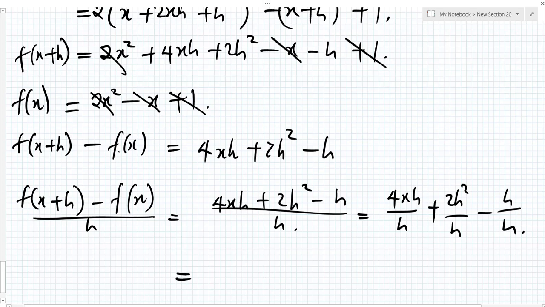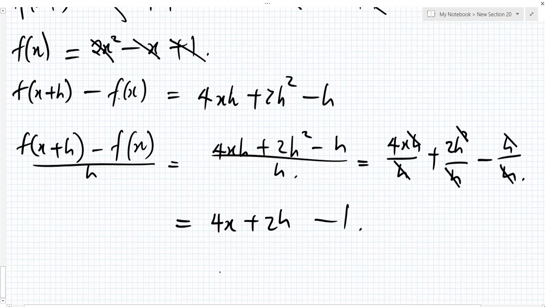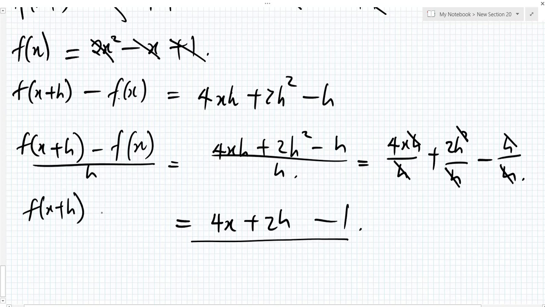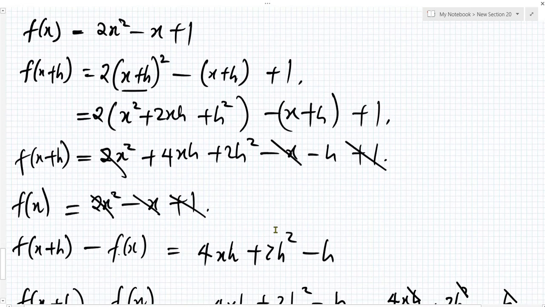So this one will cancel out this. You have 4x. This will cancel out this. You have plus 2h. This will cancel out this. You have minus 1. So this is the final answer. So f of x plus h minus f of x divided by h will give you this. This is the final answer.